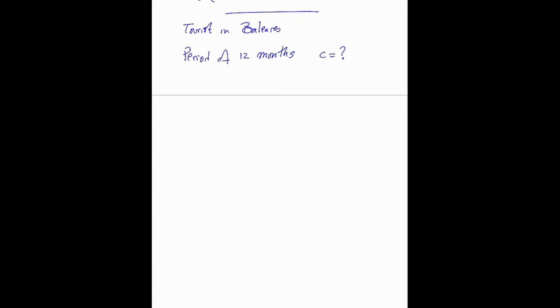What we want is that the sine of c times x plus 12, every 12 months, has to equal the sine of c x. What we have, c times x plus 12, is nothing but c x plus 12c. We want the sine of this to be equal to the sine of c x.